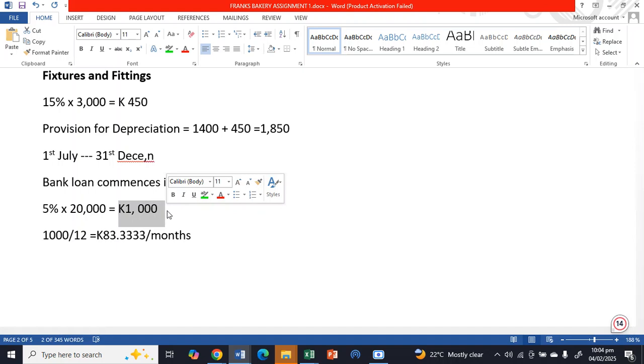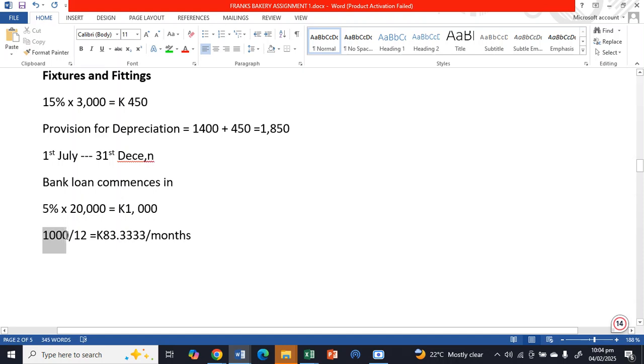Now, since the loan started in July and we've only done 6 months, we want to find out how much interest we need to pay for those 6 months. We get the monthly charge of the interest: 1,000 divided by 12 is 83.3333 kwacha per month.